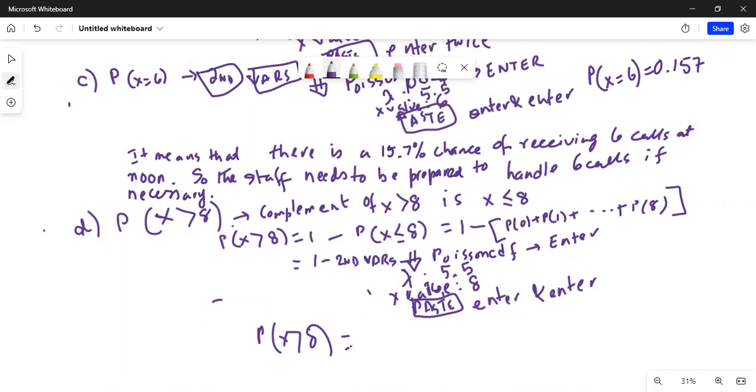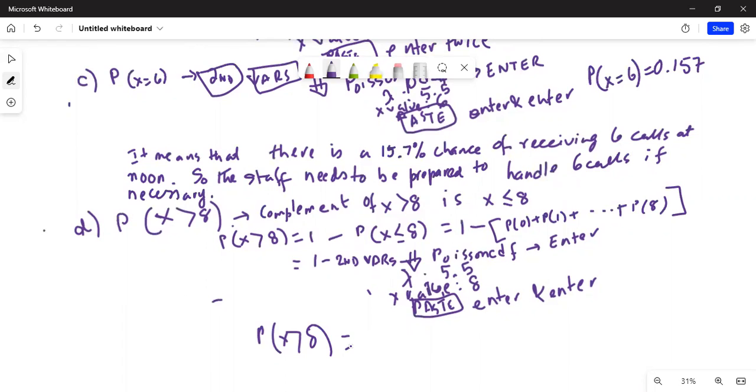So 1 minus 2nd VARS, scroll down to Poisson CDF, because the complement is 0 to 8 and you're going to take it out from 1. So lambda is 5.5, the same as the mu in our textbook. Mu is the mean number of calls per hour.